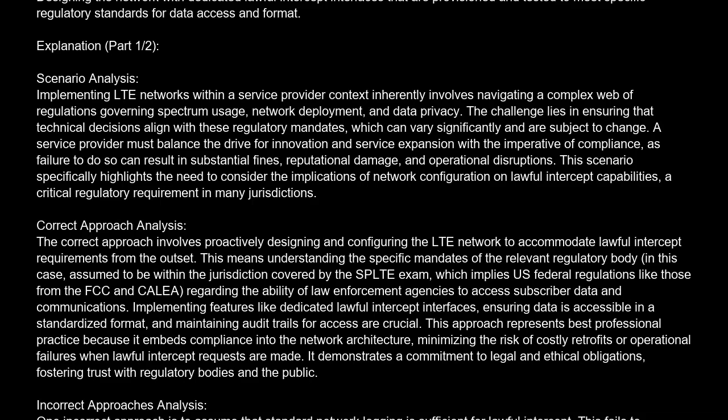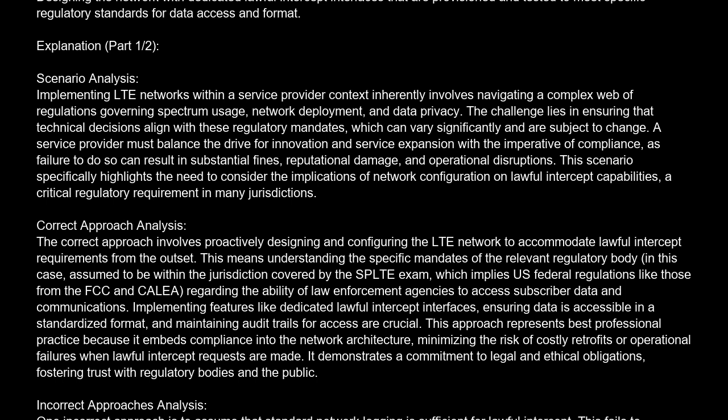The correct answer is D, designing the network with dedicated lawful intercept interfaces that are provisioned and tested to meet specific regulatory standards for data access and format. Explanation: scenario analysis. Implementing LTE networks within a service provider context inherently involves navigating a complex web of regulations governing spectrum usage, network deployment, and data privacy.